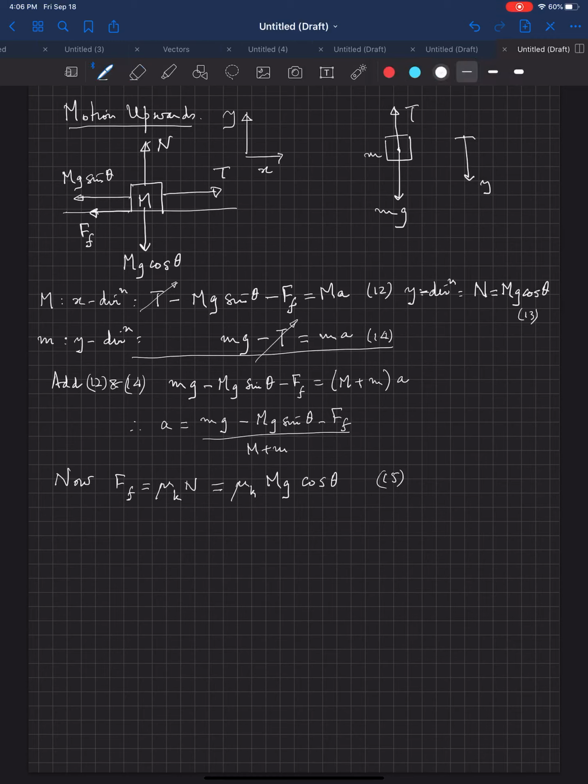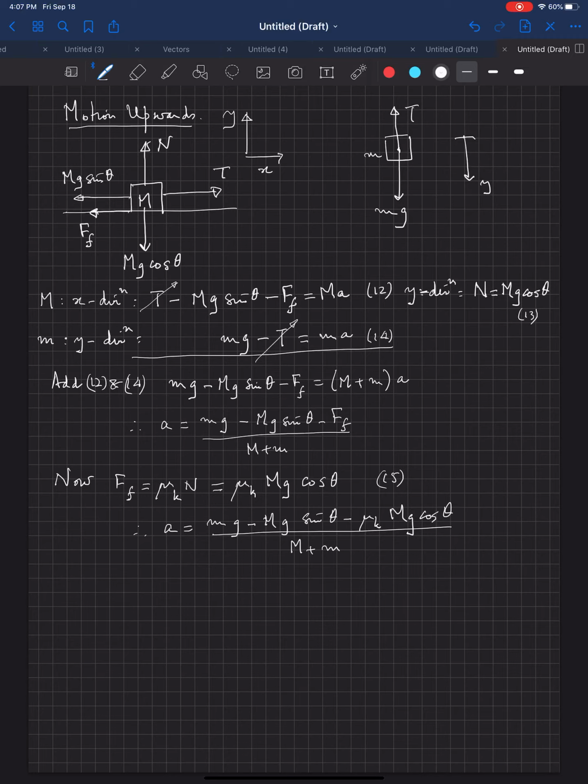So I want to substitute 15 into the previous equation, and therefore I get a equals mg minus mg sine theta minus mu k mg cosine theta divided by m plus m.